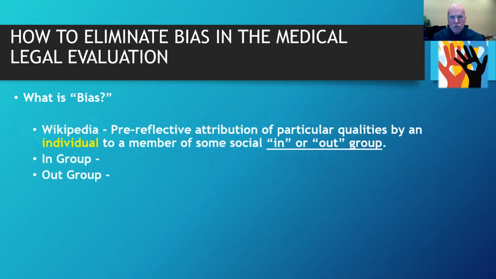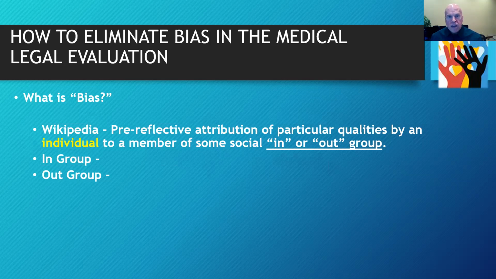So let's introduce a new topic and continue with our definition of bias, again from Wikipedia. They tell us that bias is the pre-reflective attribution. And if you're a psychologist listening to this, you know a lot more about this than I, and you could probably lecture on this for an hour.